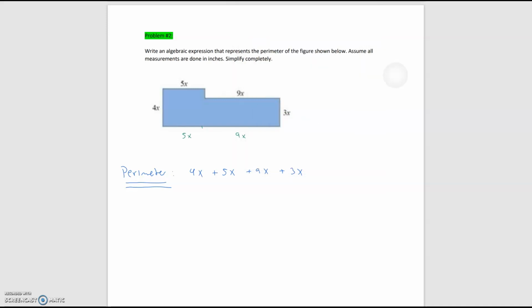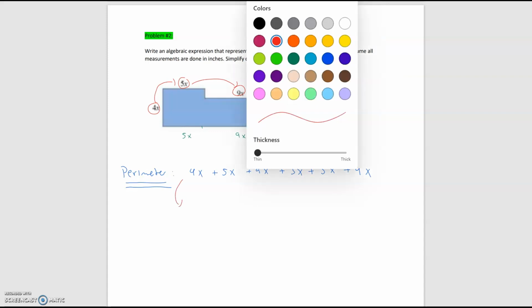What I'm doing here is getting all the lengths in this format. And then we need to add the ones that we didn't have, which will be plus another 5x plus another 9x.